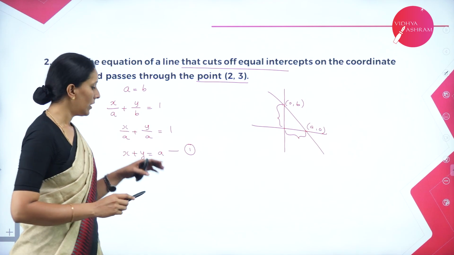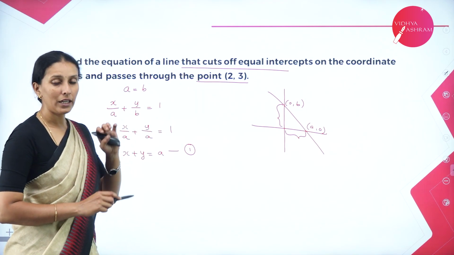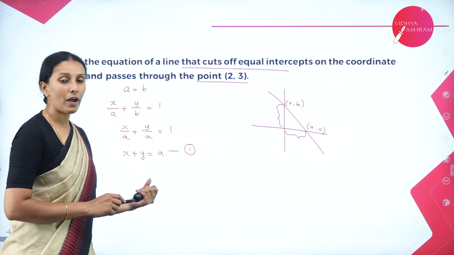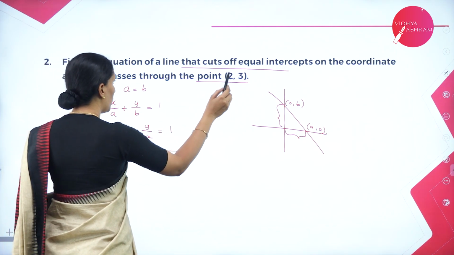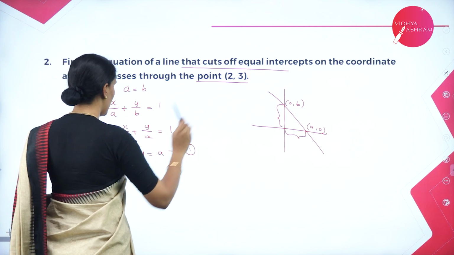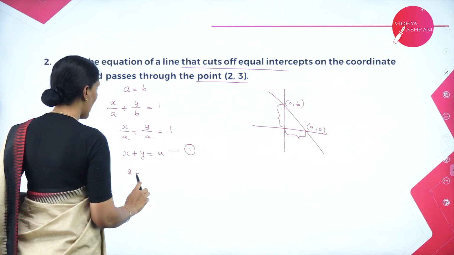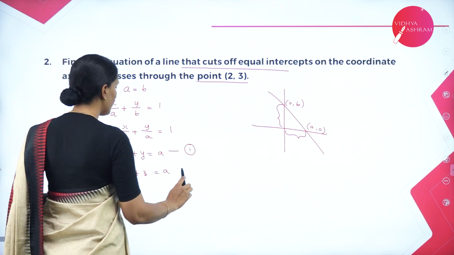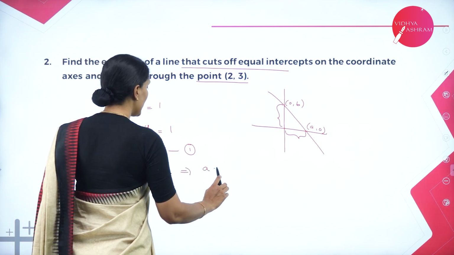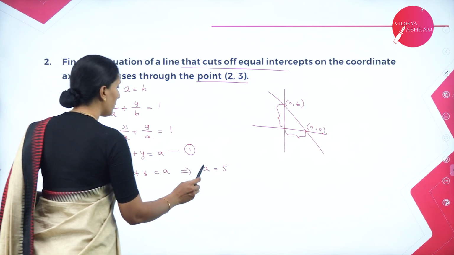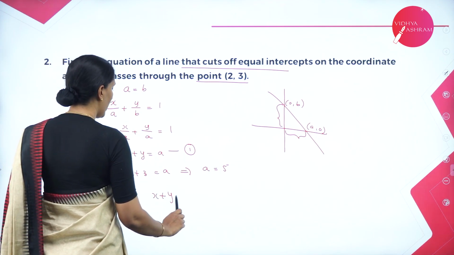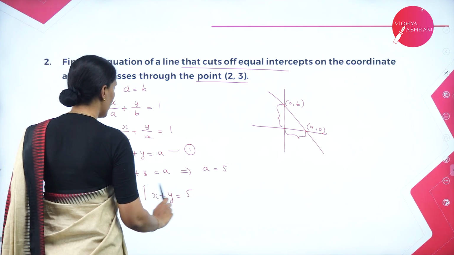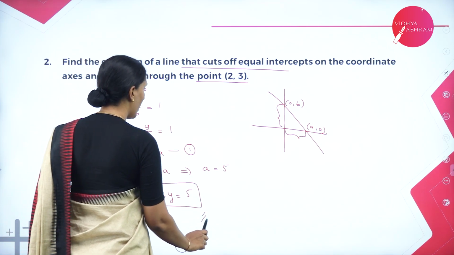When the line is passing through this point, the point will satisfy the given equation. So instead of x I can put 2, instead of y I can put 3. Substituting, we get 2 plus 3 is equal to a, which implies a is equal to 5. Substituting the value of a in equation 1, we get x plus y is equal to 5. So this is the equation of the required line.